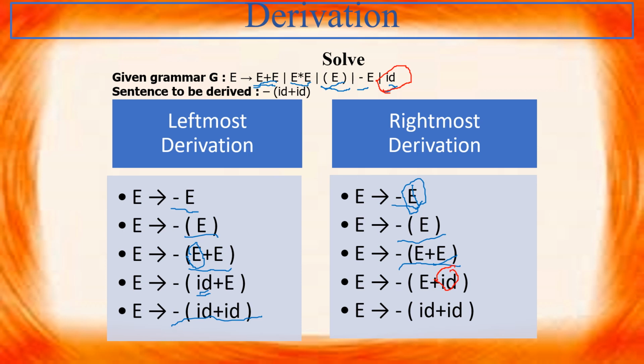In the next step, one more E is there, so we apply id for the next variable. Finally we found the string minus id plus id by using the rightmost derivation.